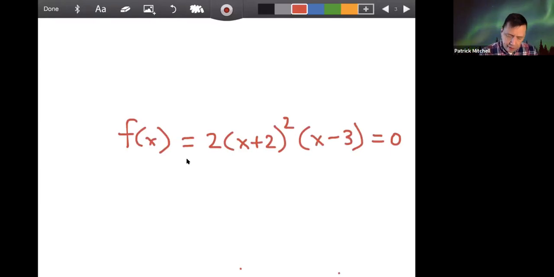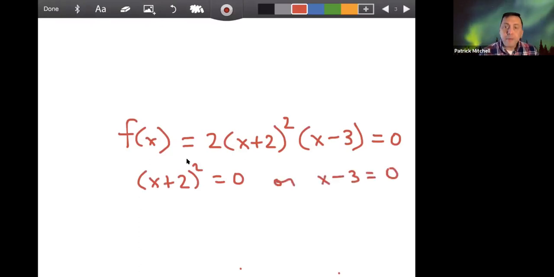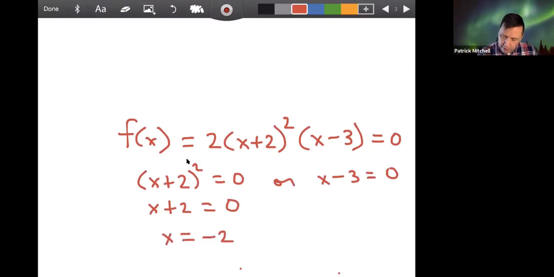The only factors in here that could equal 0 are x plus 2 squared or x minus 3. If x plus 2 squared is 0, that means x plus 2 is 0. And if x plus 2 is 0, that means x is negative 2. If x minus 3 is 0, that means x is 3.